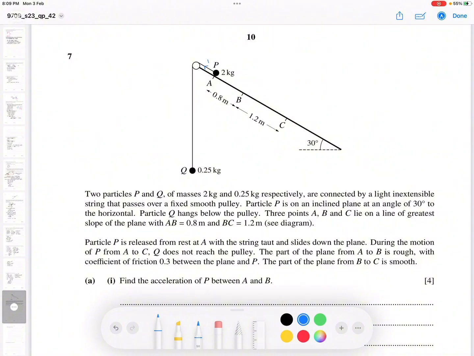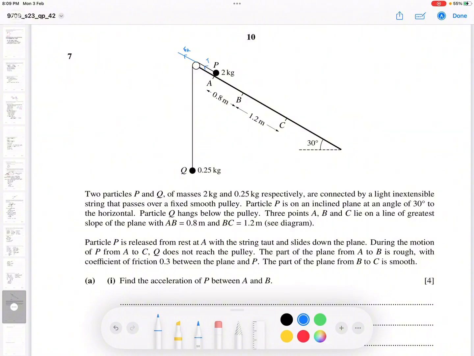Suppose I write tension here, and if I extend this, the frictional force, which I write as Fr, this also goes opposite to the movement of P, because he said from A to B it is a rough plane, so there must be a frictional force.